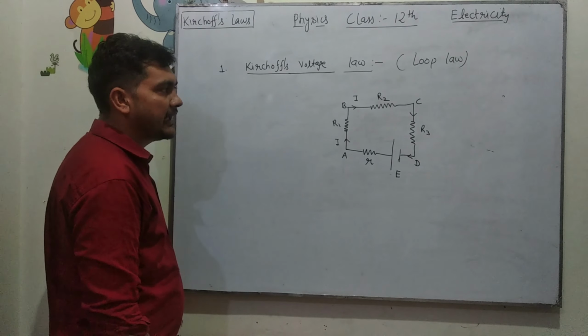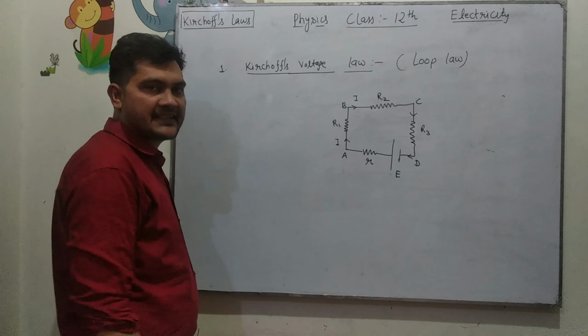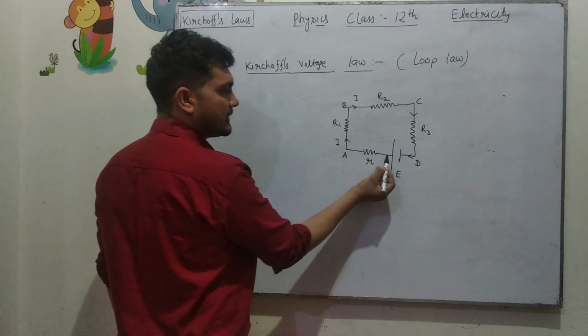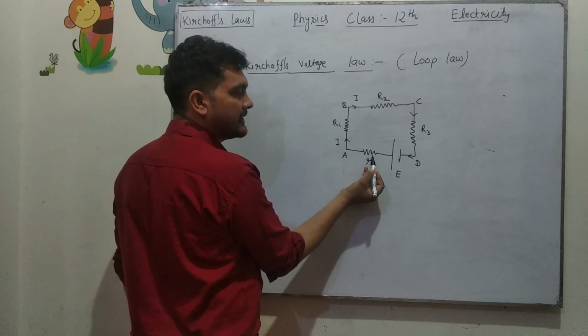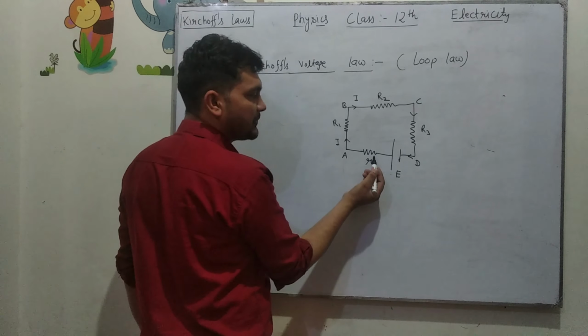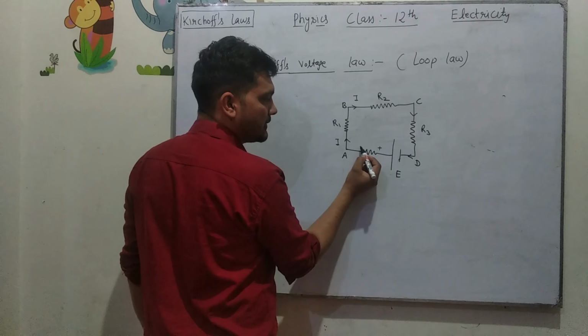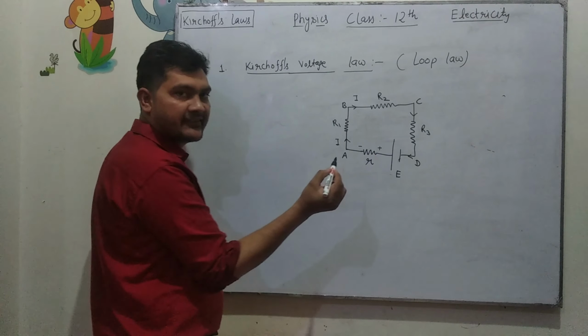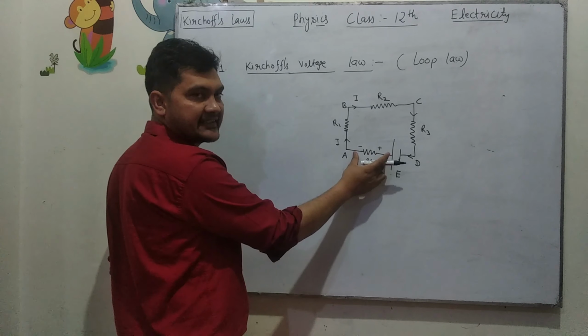Okay, let us see how many potential drops there are in the circuit. Suppose I is the current. When this current flows through this resistance, then some potential is dropped across this resistance. When current I passes through this resistance, then some potential is developed across the ends of this resistance.